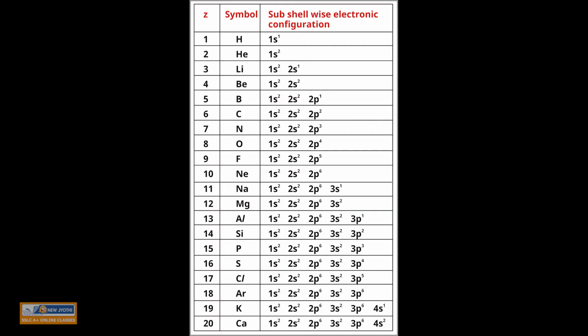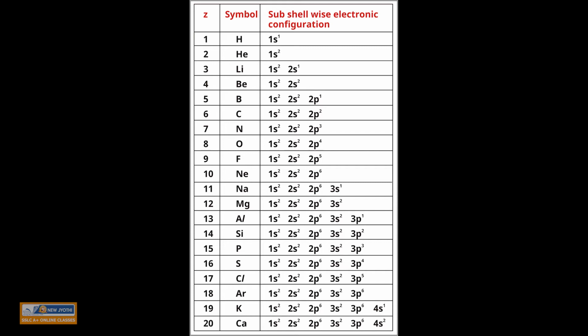Look at the table. In this table, argon has atomic number 18. Its subshell electronic configuration is 1s2, 2s2, 2p6, 3s2 and 3p6. Its shell configuration is 2, 8, 8.